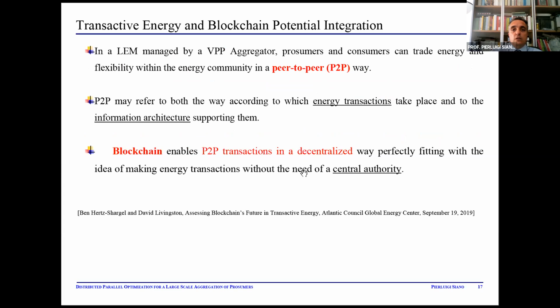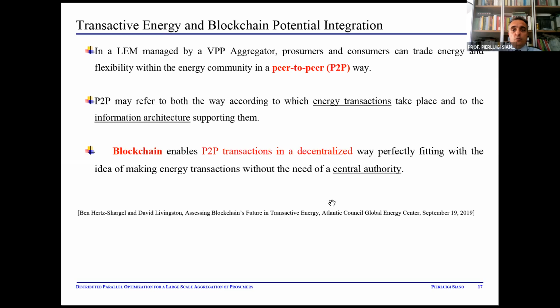The motivation behind the development of these architectures is that in a local energy market managed by an aggregator or an energy community manager, prosumers and consumers can trade energy and flexibility within the energy community in a peer-to-peer way. Peer-to-peer may refer to both the way according to which energy transactions take place and to the information architecture supporting them.